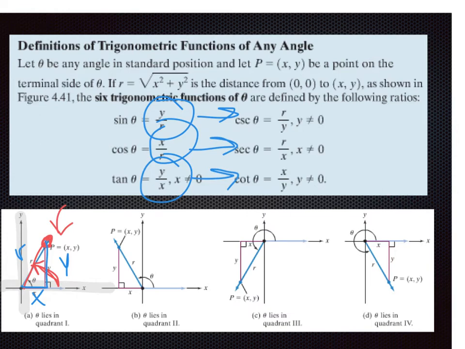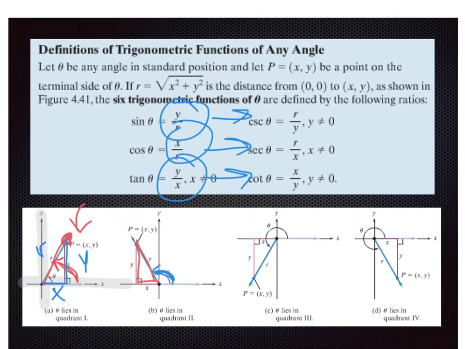Okay? So no matter where you move your angle to, notice that this angle is out here. We always close in the angle using the x-axis. So x is still my adjacent, y is still my opposite, r stands for radius, okay? And as you move it around, the x and y signs change.